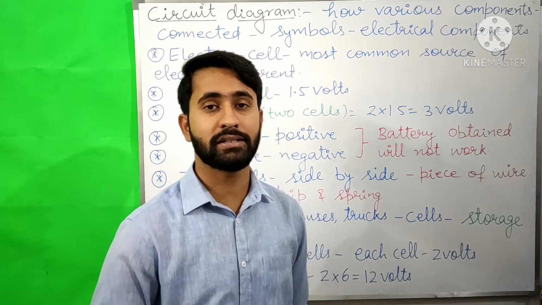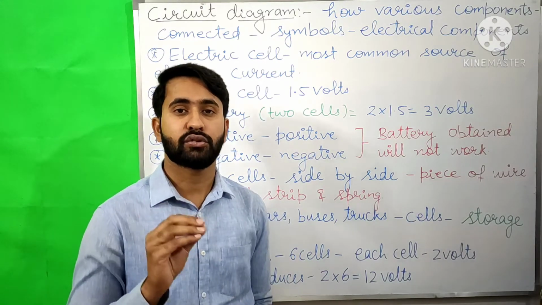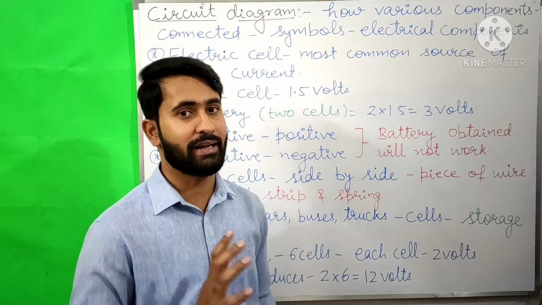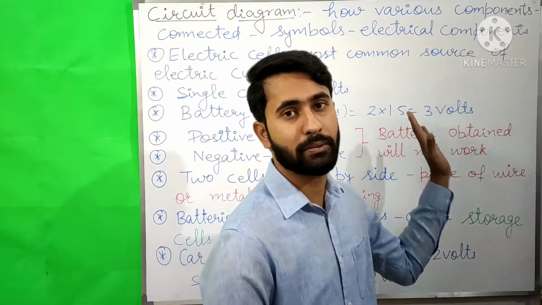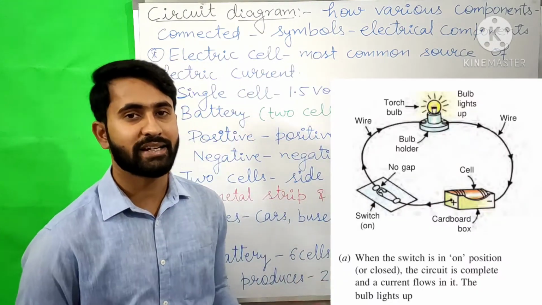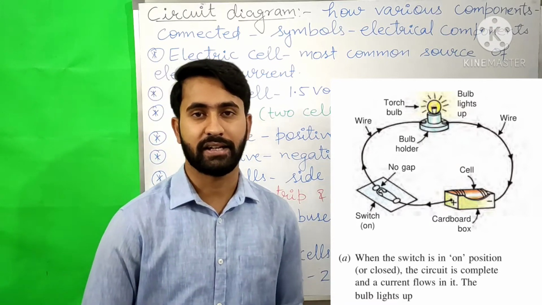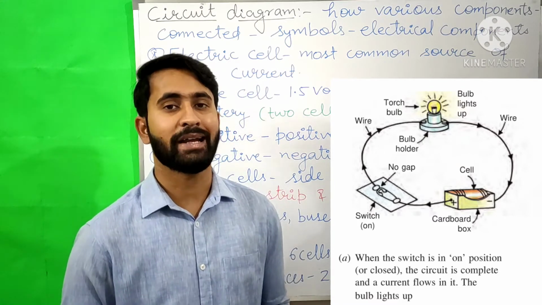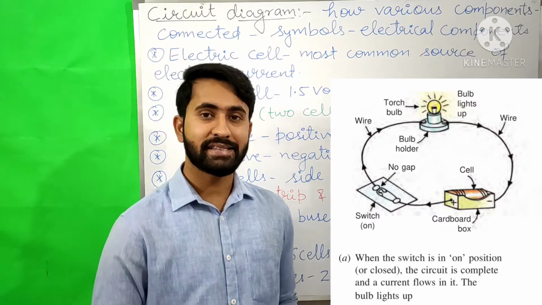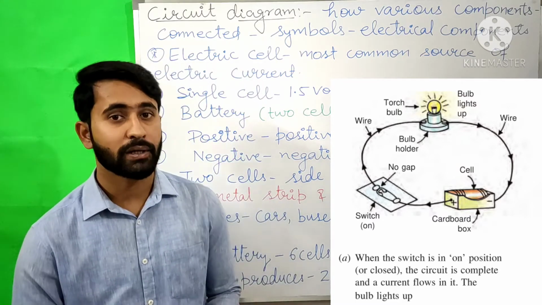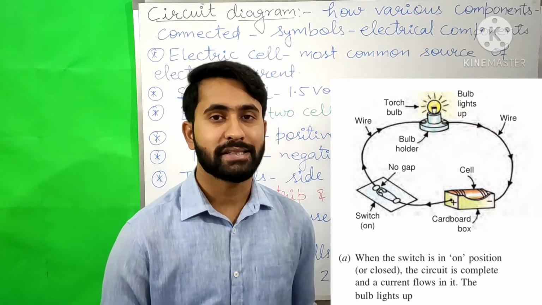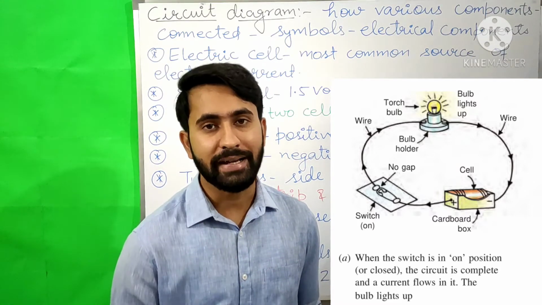Circuit diagram means the diagram which shows how the various components of the circuit are connected with the help of the symbols. This is a circuit diagram of an electric circuit which consists of a cell, a bulb and a closed switch. As the circuit is complete because the switch is closed, the bulb in the circuit glows or lights up.